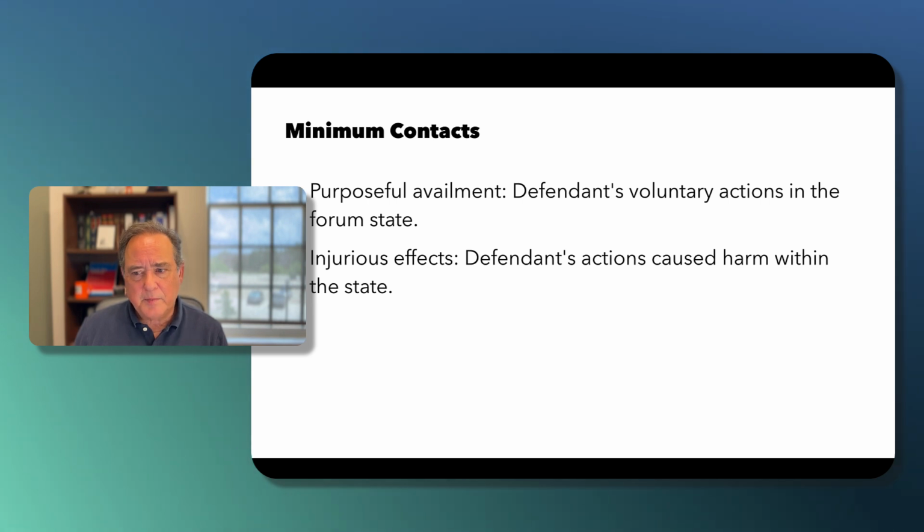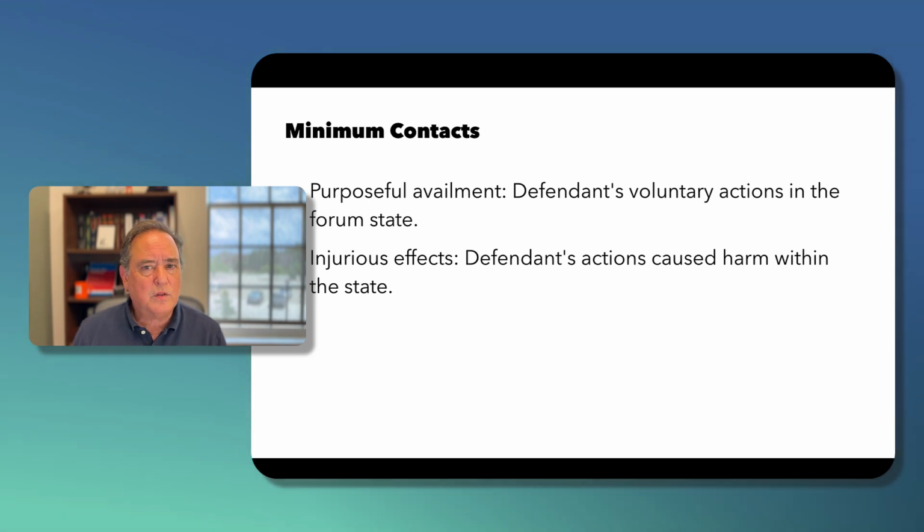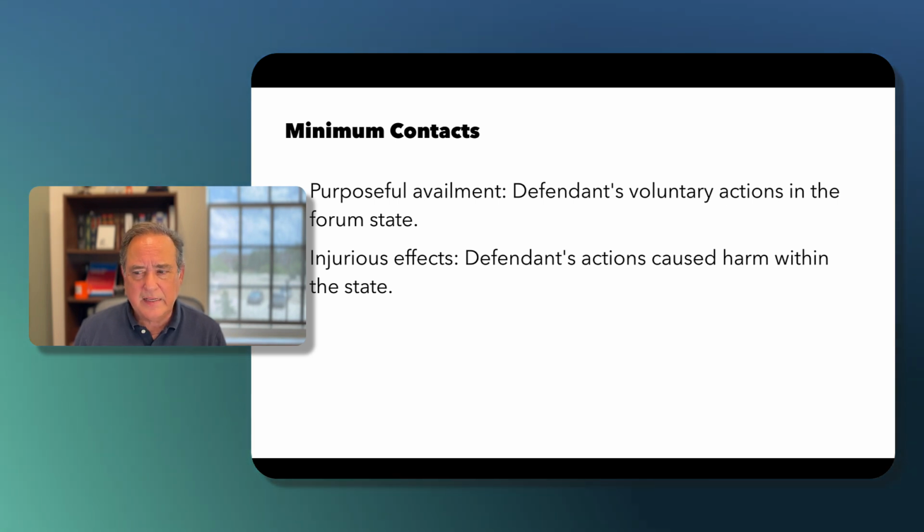In this case, probably yes, because first of all, the accident took place within Oklahoma, and therefore the defendant's negligent driving caused harm within the state. You could also argue that the Kansas driver had availed itself of Oklahoma roads and therefore was subject to being brought into a court in Oklahoma.